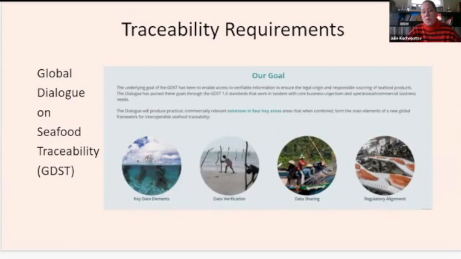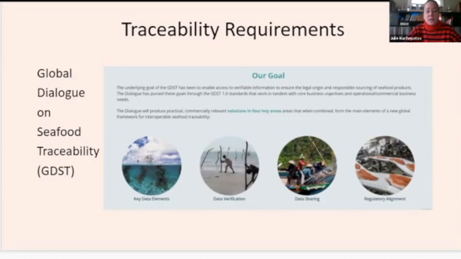They want to make sure that those key data elements are collected around these 13 key species before they allow them to come into the US. And that's also in a link on the website if you're interested.